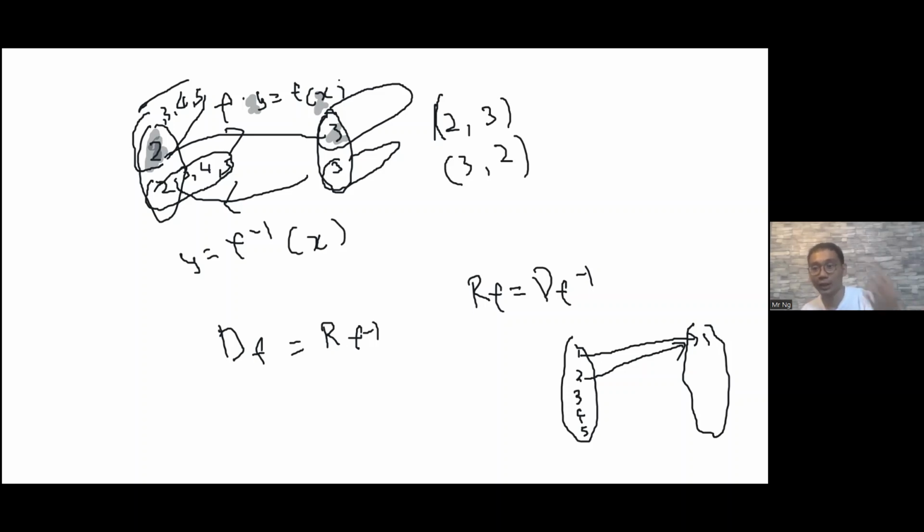That's why for f inverse to exist, the function needs to be a one-to-one function. So for a one-to-one function, you use the horizontal line test.